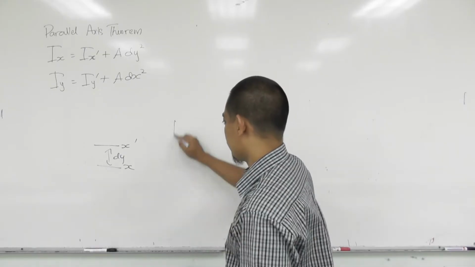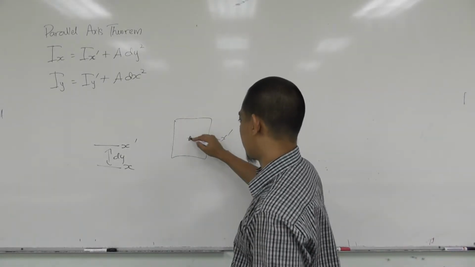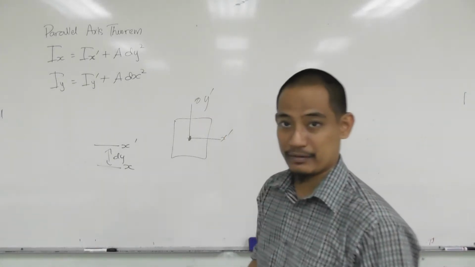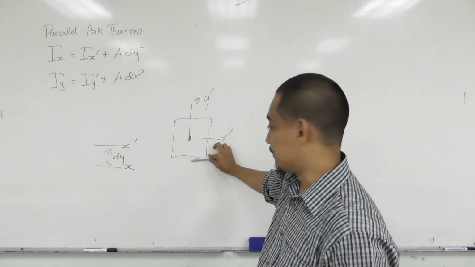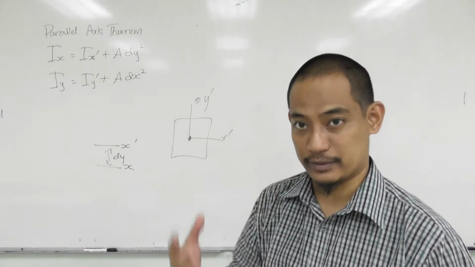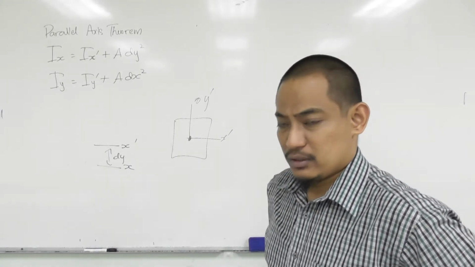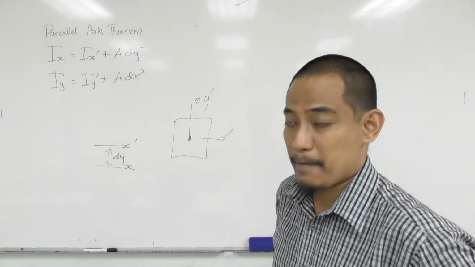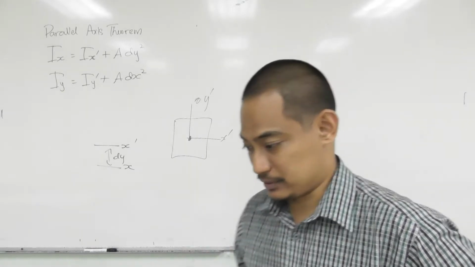Meaning that if you have the centroid here, this is x prime, this is y prime, right? So if you have the x-axis here, for example, then dy is the distance between the two, etc. For today's application, there's no integration involved, so it's quite straightforward. I think everything will be clear when we do the example, inshallah.